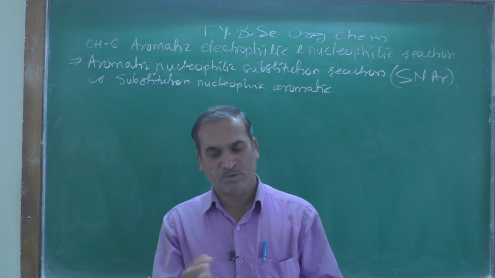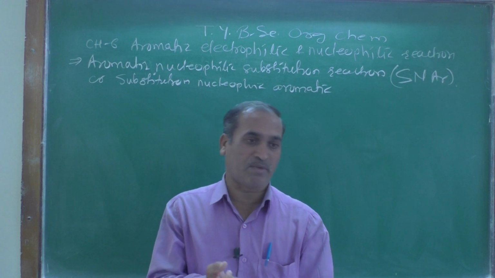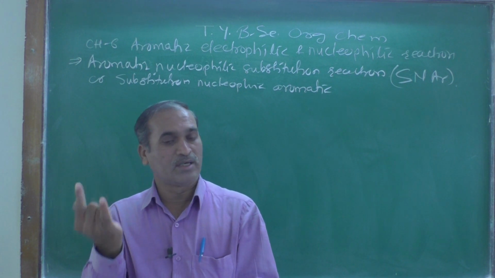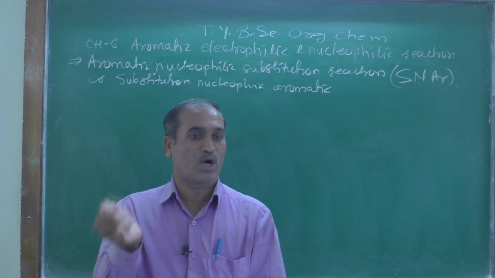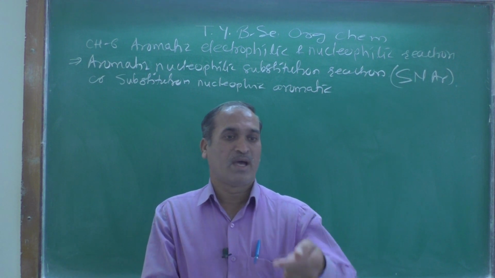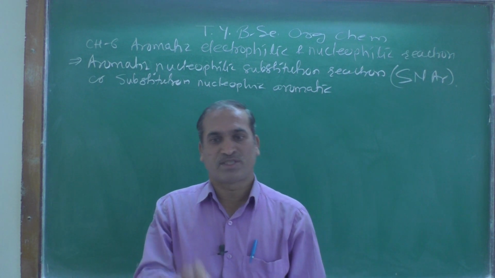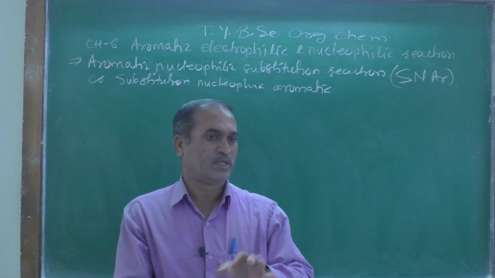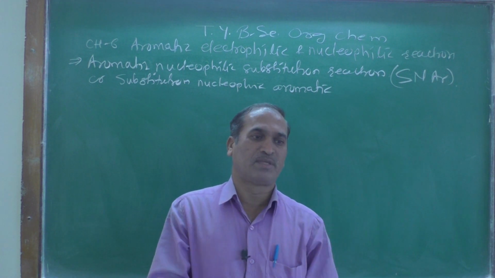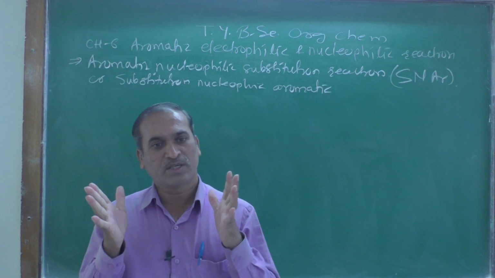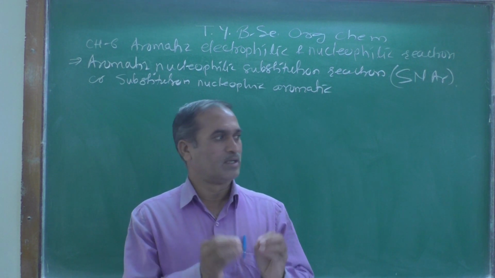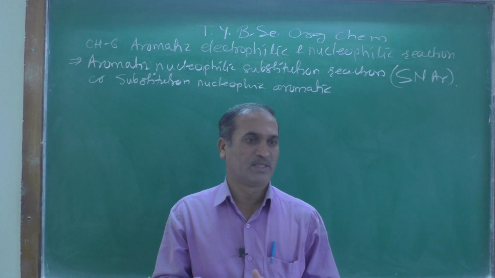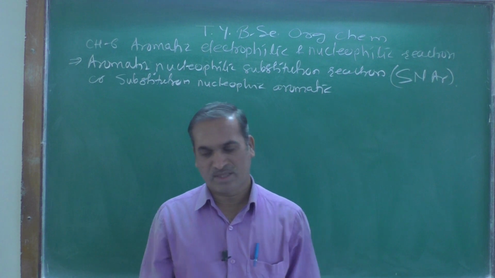That means the electrophile attacks the same carbon atom and displaces that substituent from the benzene nucleus. So that type of substituent is known as an ipso substituent, with its mechanism and some examples we have seen.